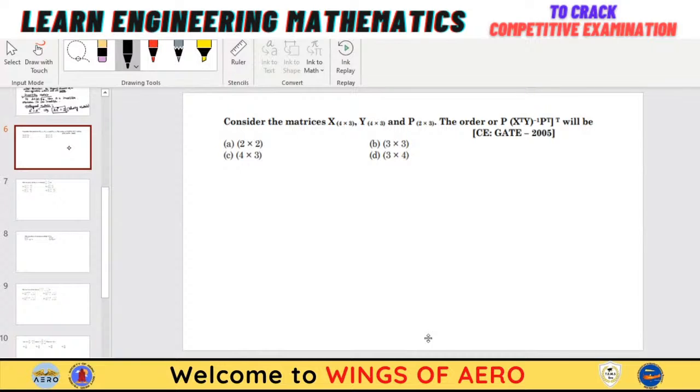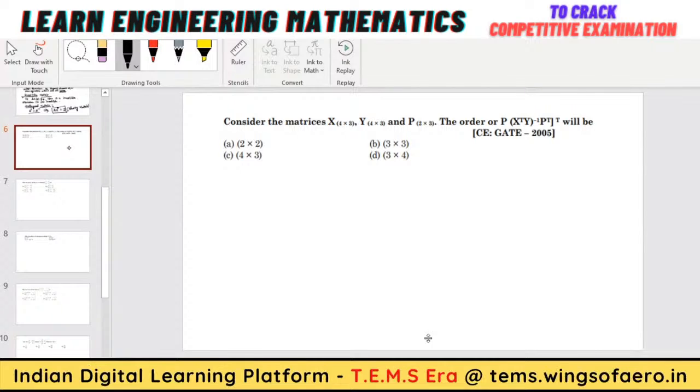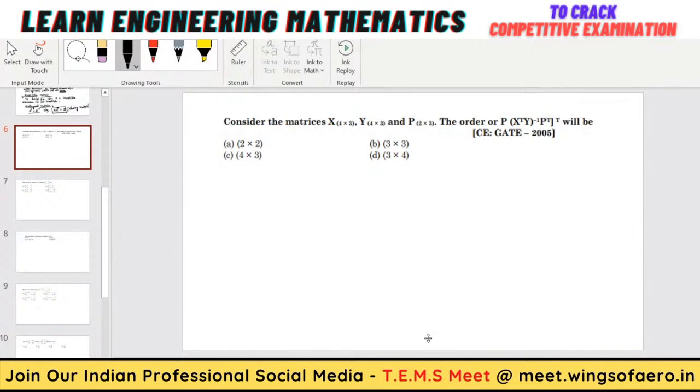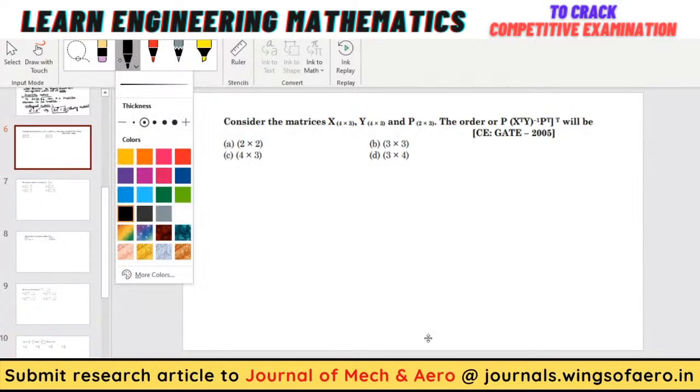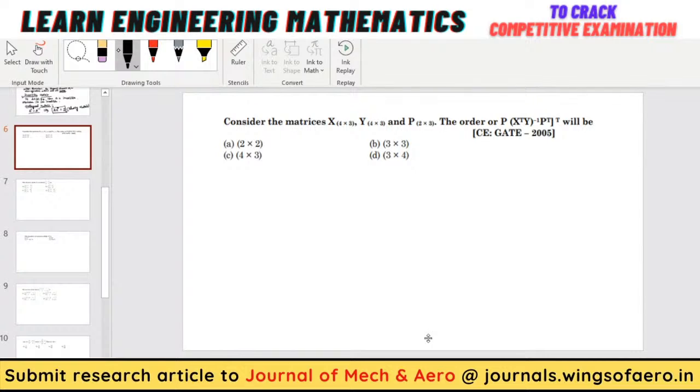So these are some very important GATE questions. Very small, very easy questions, but you have to use some tricks. First of all, to solve this question, I have to make sure you remember matrix multiplication.